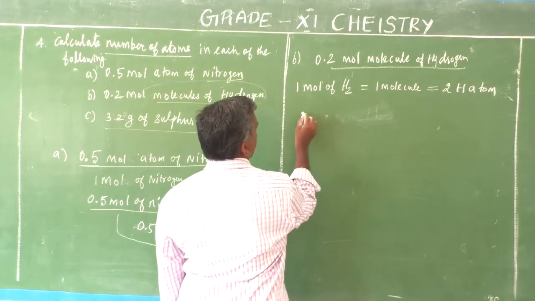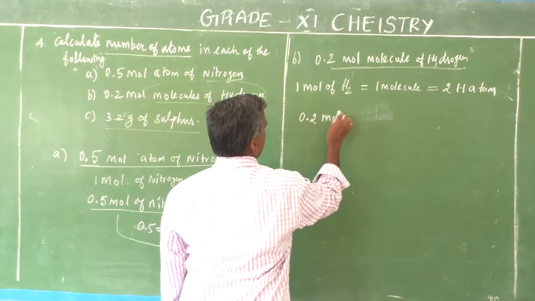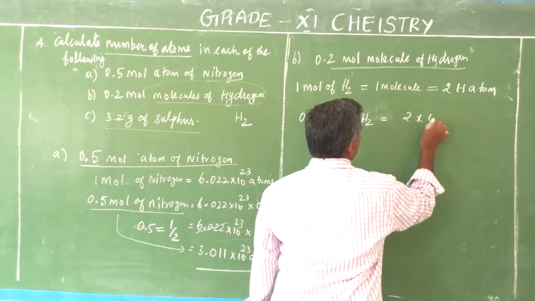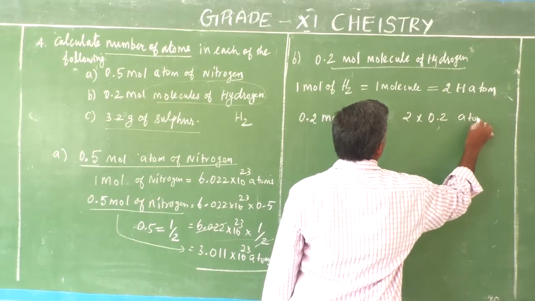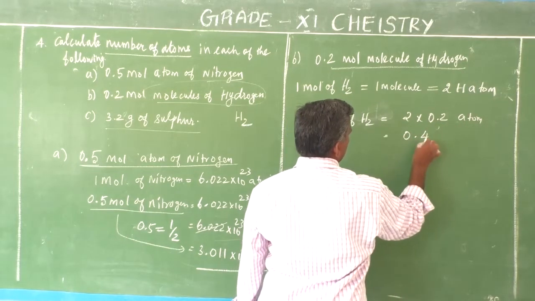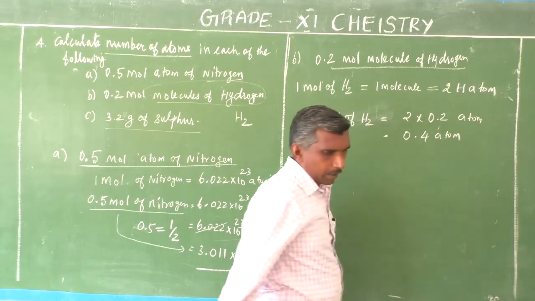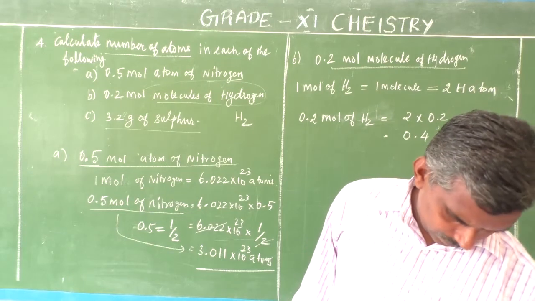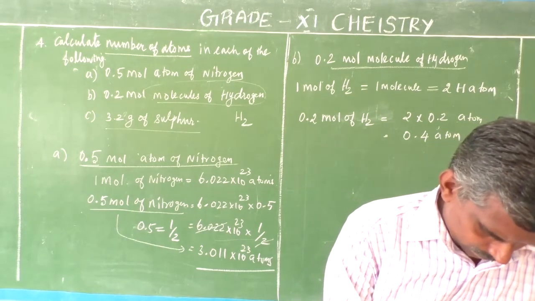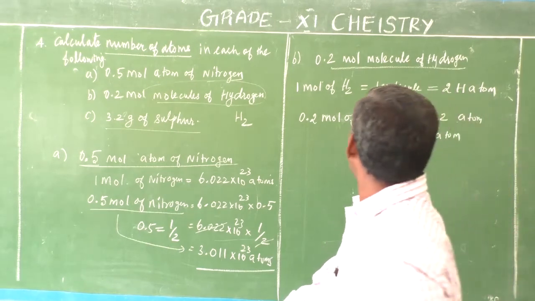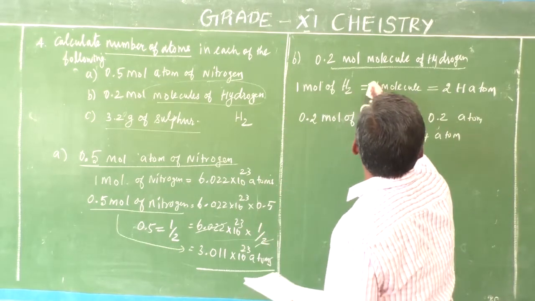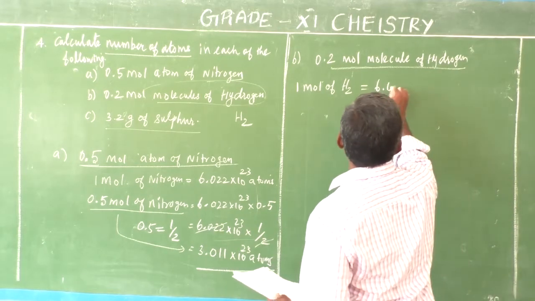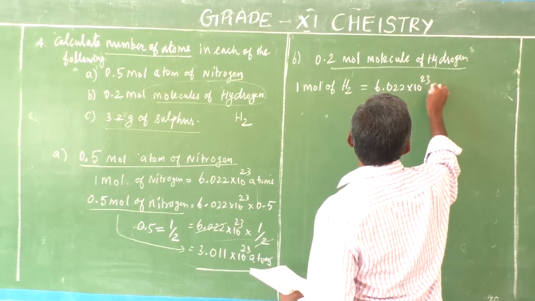Now what is the question? 0.2 mole. Multiply 2 into 0.2, that is 0.4. Sorry, here 1 mole is equal to 6.022 into 10 power 23 because of the Avogadro number.